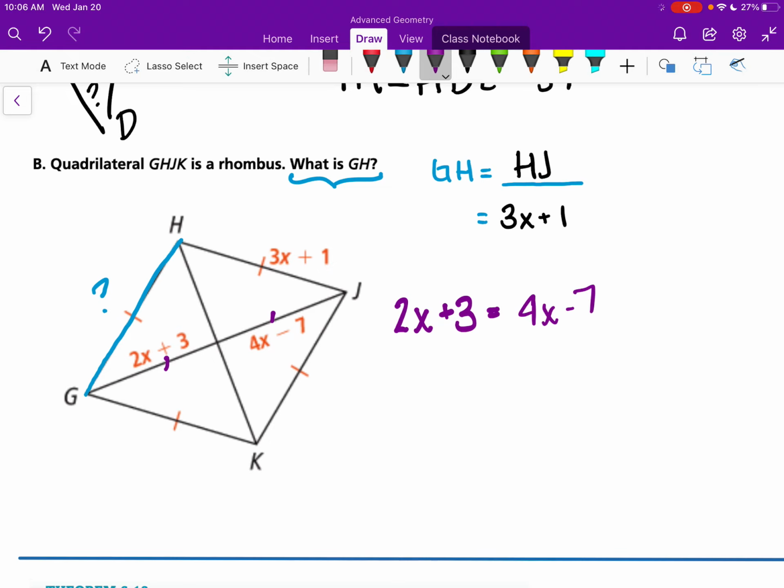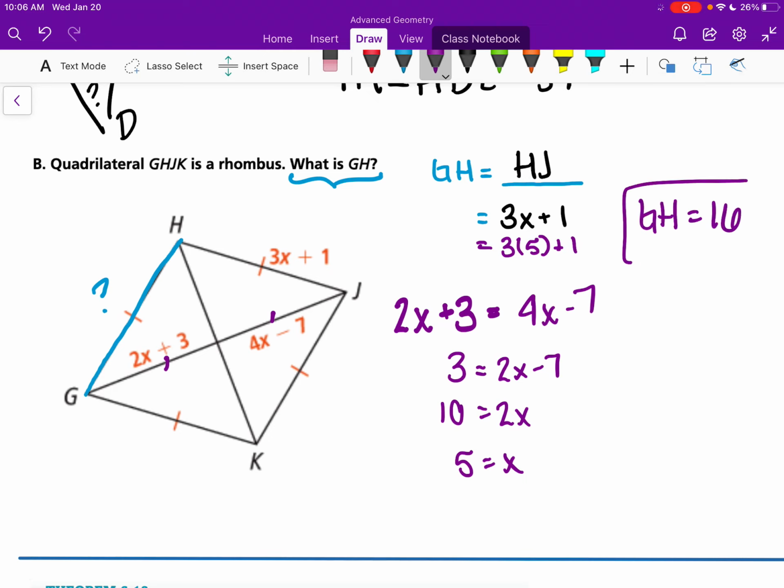If we subtract the 2x, we end up with 3 equals 2x minus 7. If we add the 7, we have 10 equals 2x. If we divide by 2, we have 5 equals x. Now I can substitute that back in, and I'm going to find that GH equals 3 times 5 plus 1. So side length GH must be 16 units long.